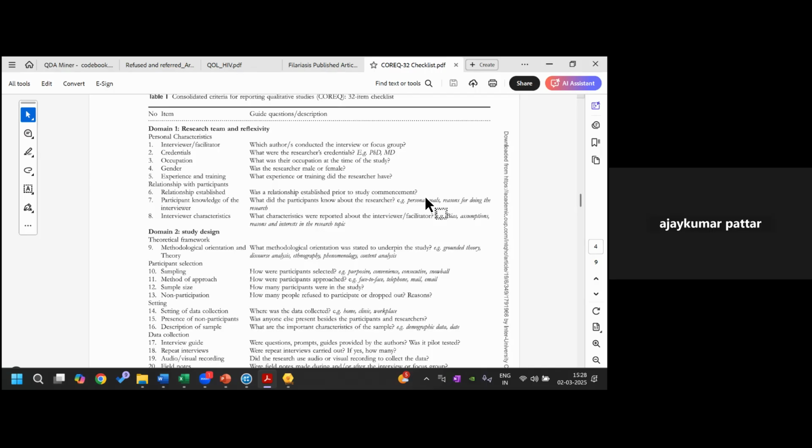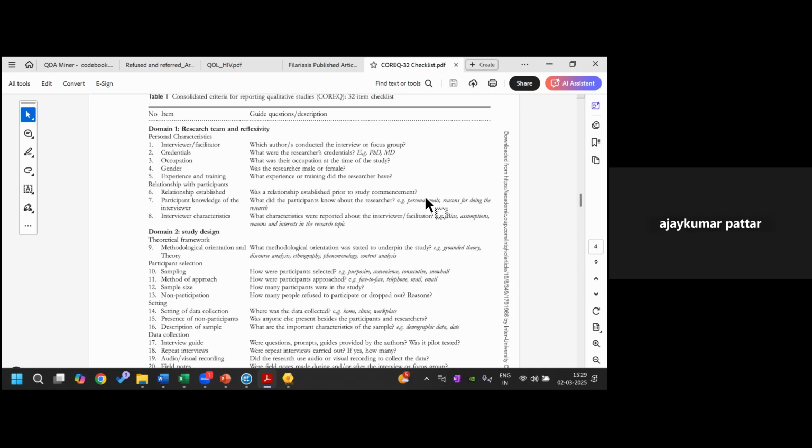Gender: was the researcher male or female? Experience and training: what experience or training did the researcher have? Then relationship with participants, relationship established: was a relationship established prior to study commencement?